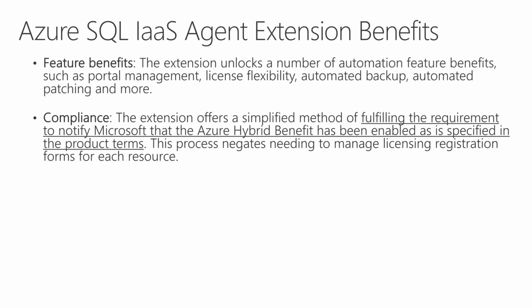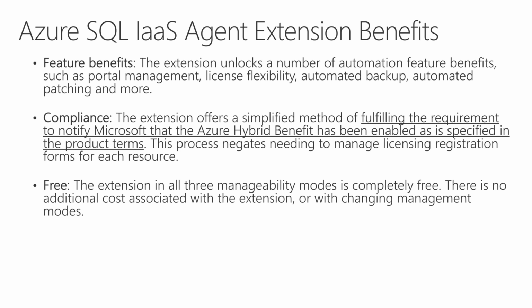Basically, if you were to use Azure Hybrid Benefit for SQL Server, you either have to enable this IaaS extension so that there can be some reporting back to Microsoft about how many license cores you have for SQL that you're running in Azure, or you have to fill out some paperwork through the license mobility process, and that's kind of annoying. So I would say do it this way. It's so much easier to keep track of than having to deal with all the paperwork and keep that organized.